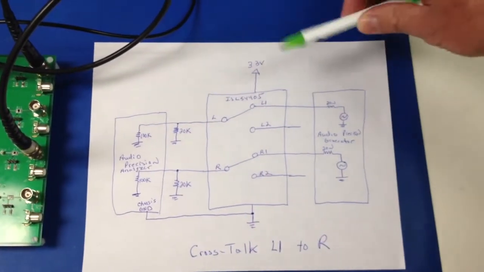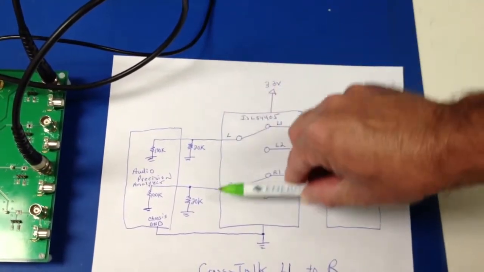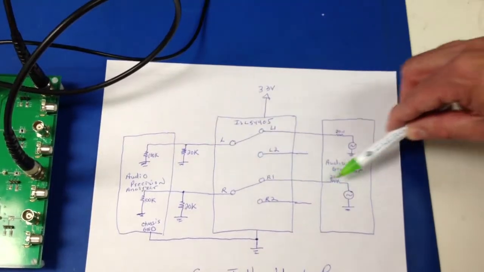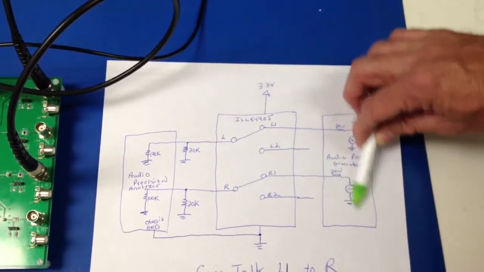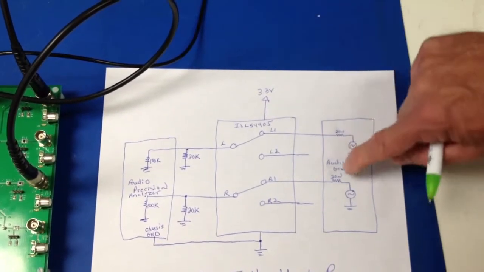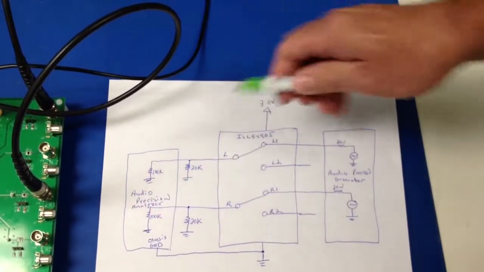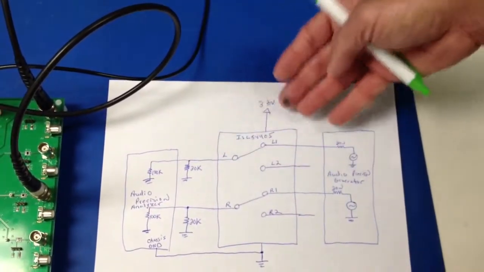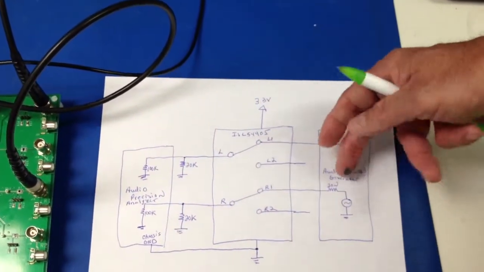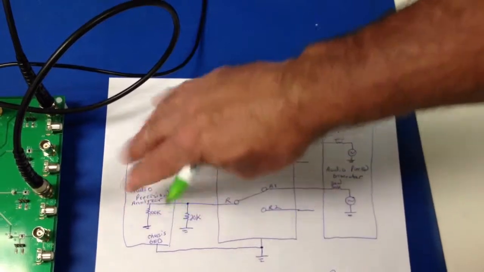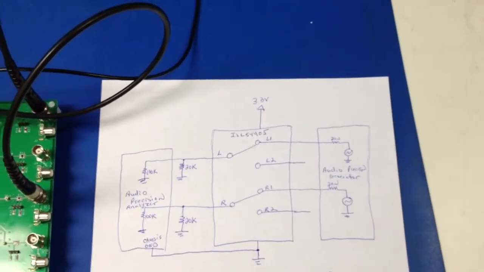Okay, you get feed through from the L1 channel that's driving over here to the R channel, and with this 20 ohms connected up here, you get 20 ohms in parallel with your 20K and in parallel with the 100K, and that 20 ohms will take any feed through coming from L1 and give it a source away from your speaker load through the audio driver. So that's where the high crosstalk performance comes from.